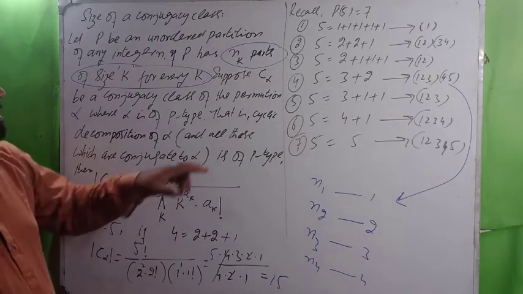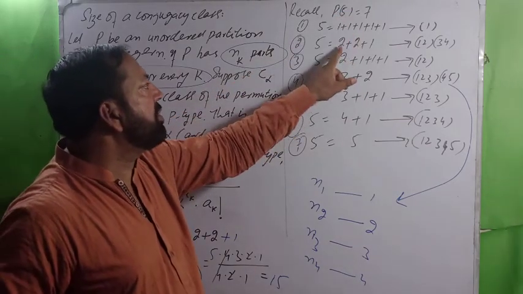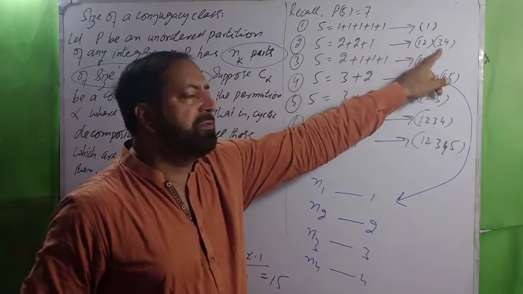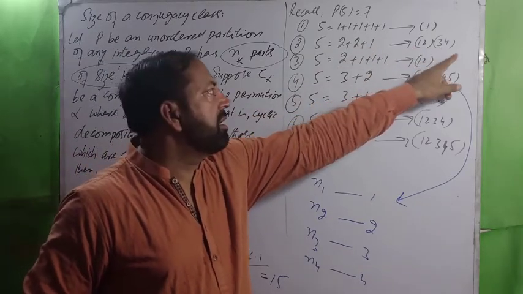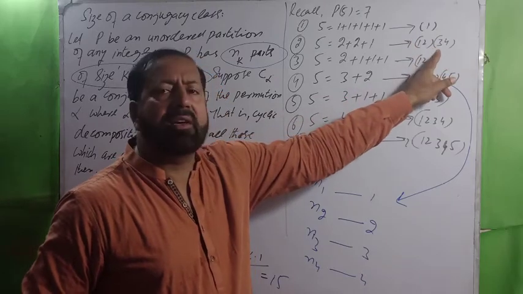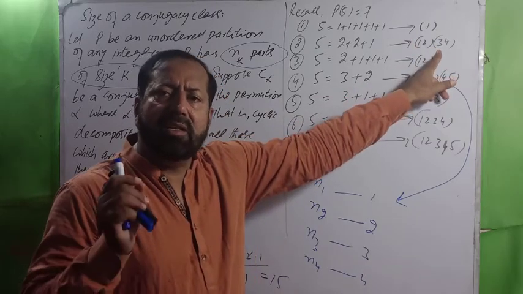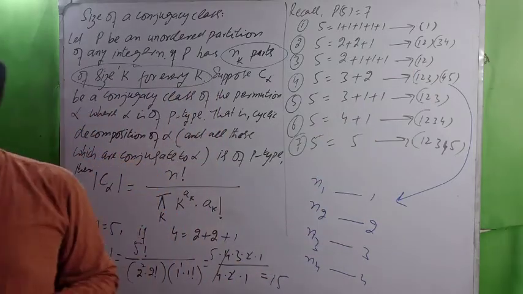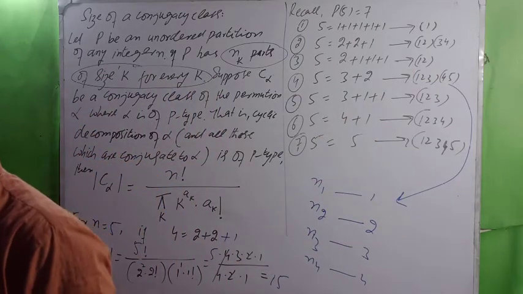It means in S5, for a permutation of the type 2 plus 2 plus 1, a permutation of the type (1 2)(3 4), corresponding to this element you have a conjugacy class, and in that conjugacy class you have 15 elements.